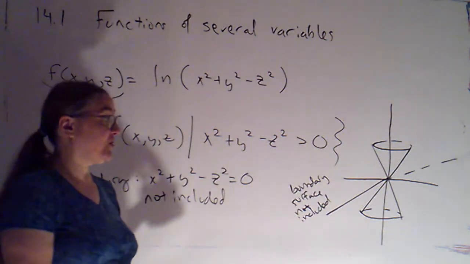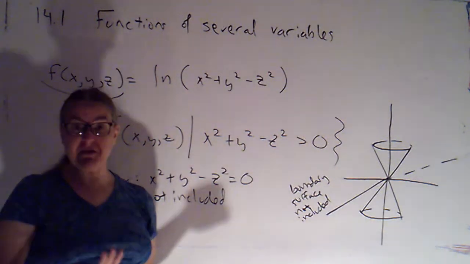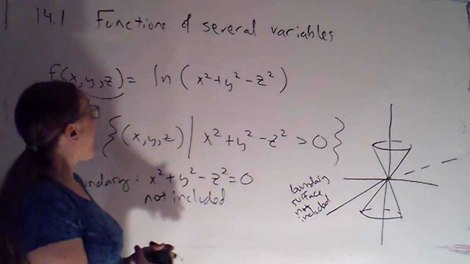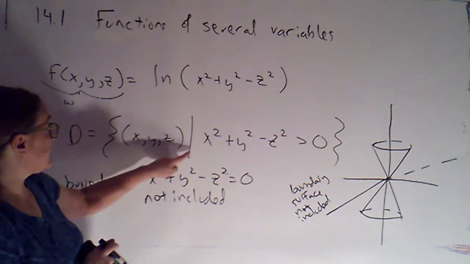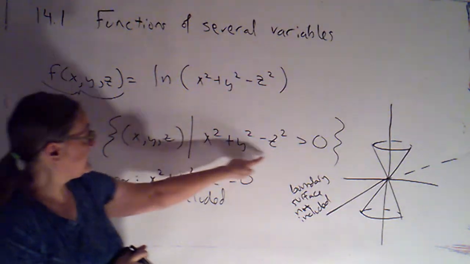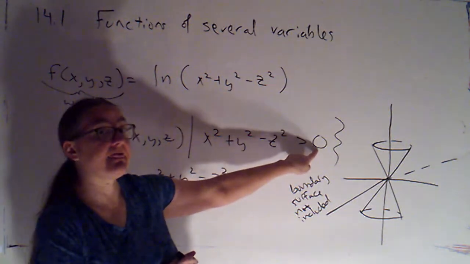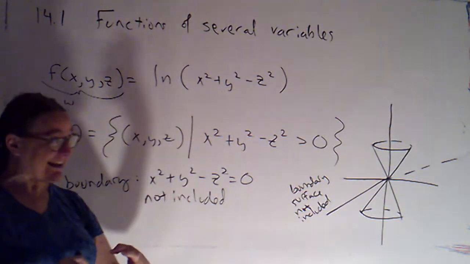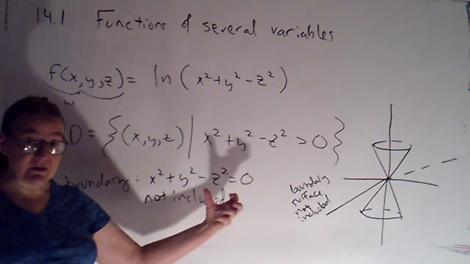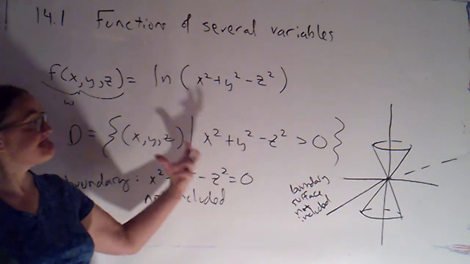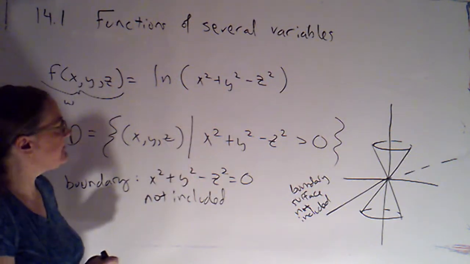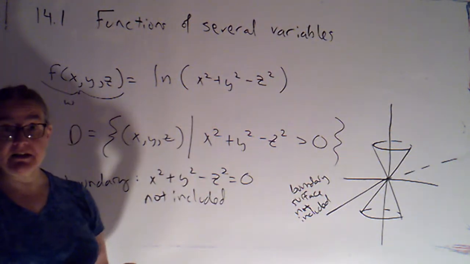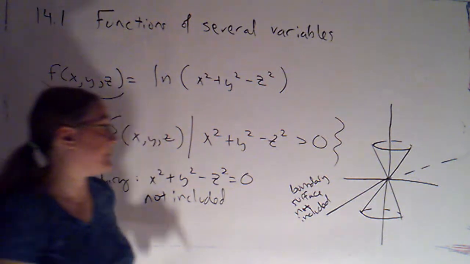Now I need to figure out which part of 3-space do I want. I want the places where this is bigger than 0. So is that going to be the points inside the cone or outside the cone? Let's see. Okay. Well, probably what's easiest to do is just to sort of pick some test points.